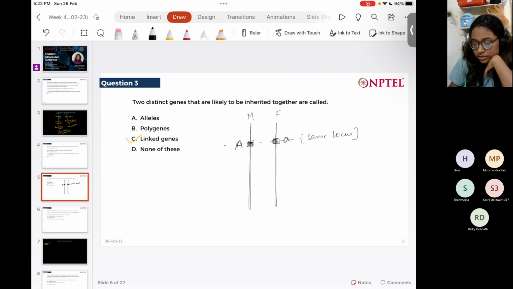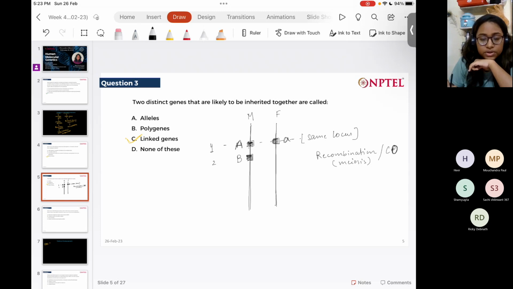Whereas linked genes are present at different loci. This is locus 1, this is locus 2, and say another gene B is there. Now the position of A and B is such that they cannot be separated from one another during the recombination event. If you recall, recombination happens during meiosis, and it is also called crossing over.